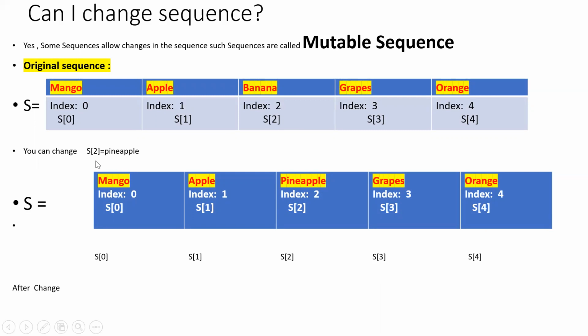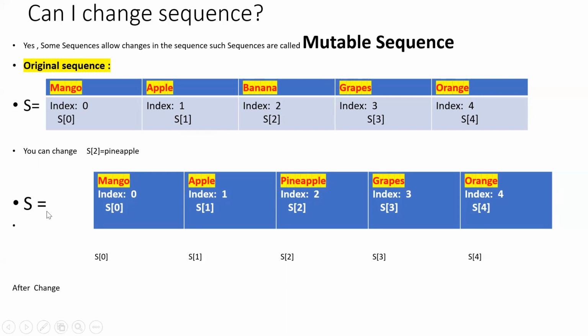Right? Now, here the sequence can be changed. How can you change the sequence? You can access an item using its index number. So S of 2 is banana. Now instead of banana, I will rewrite it as pineapple.